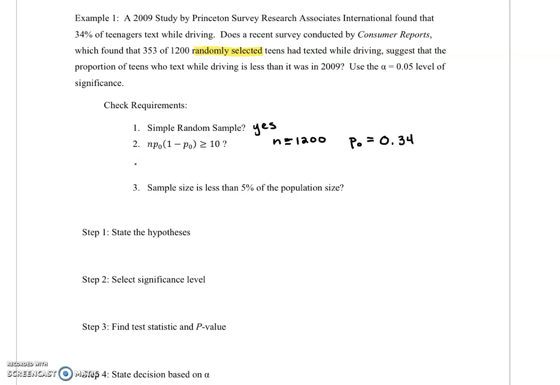Now we just need to calculate that. So we have 1,200 times 0.34 times 1 minus 0.34, and that equals 269.28, which is definitely greater than or equal to 10.